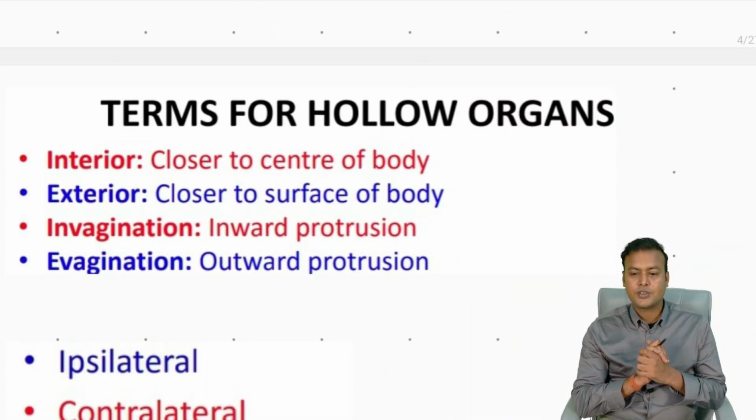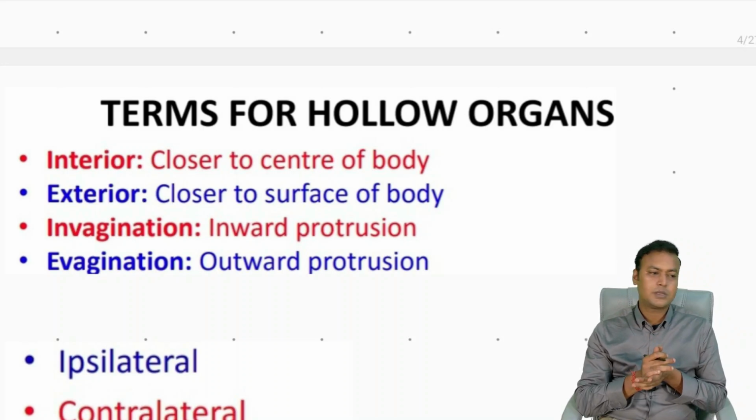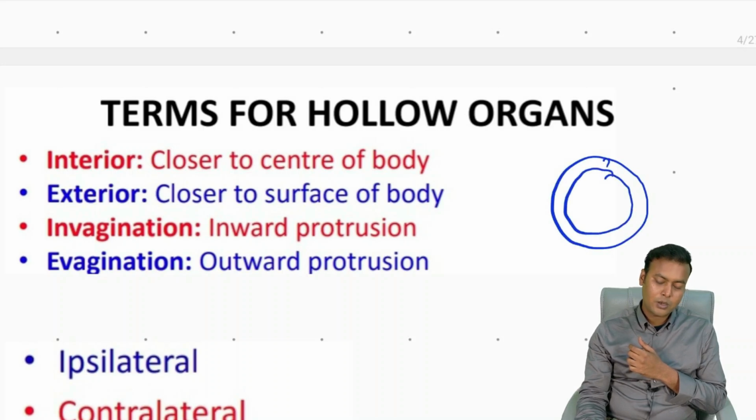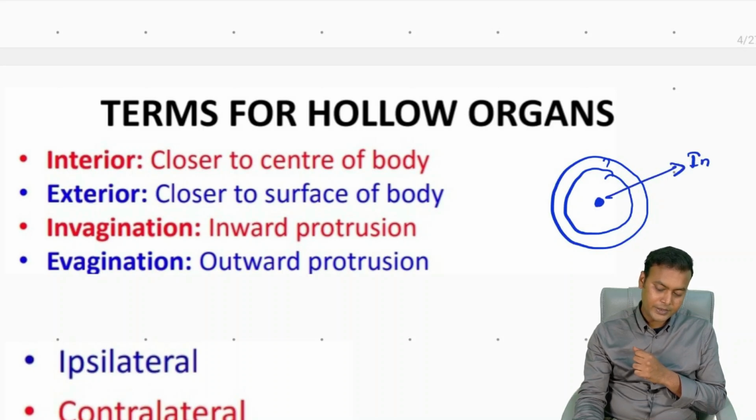Now students, your stomach, intestine, all the tubular organs are hollow organs. There are certain terms which are used for hollow organs. Consider this a cross section of a hollow organ, let's say intestine. Anything towards the center is known as the interior. Anything towards the periphery is the exterior.